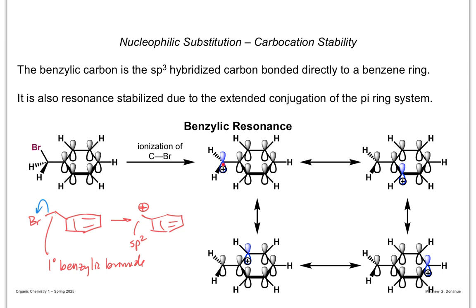It's outside the ring. Then if we number 1, 2, 3, you can see that it's now delocalized into the ring. There's those 2 other double bonds, so it can migrate over 2 more times. So this structure would look like this.